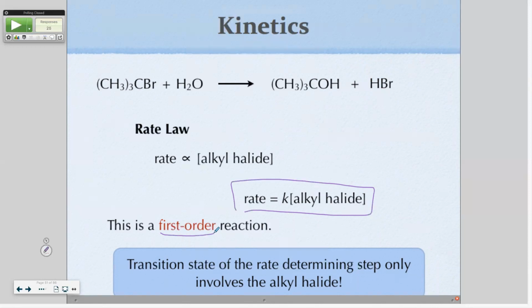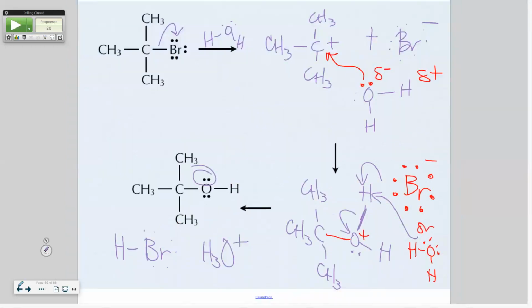Now I'm going to go back to that other slide. I want you to tell me which step up here is the rate determining step. The first one. That means that it's the slow step in the mechanism.